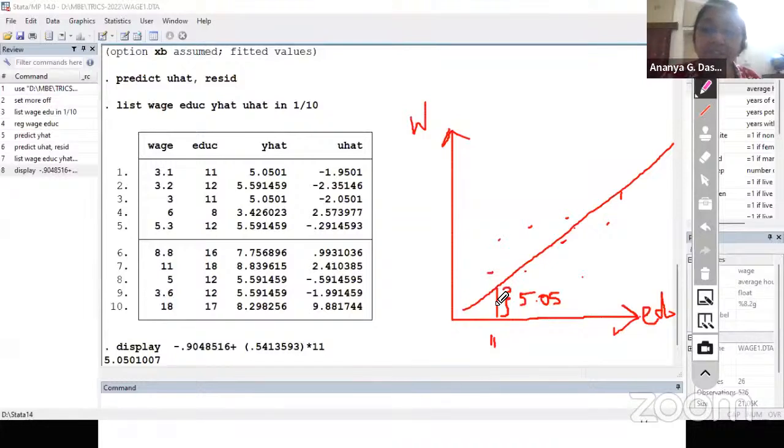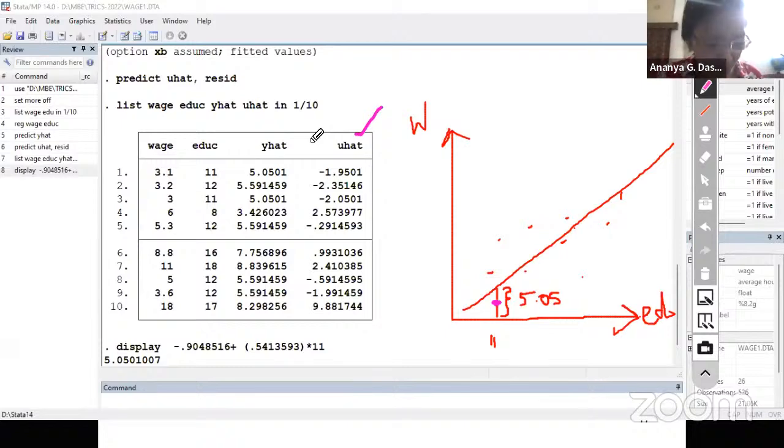The first observation is somewhere out here. This person is actually earning 3.1. So the residual is the difference between y and y hat. This is my model residual, the difference between 3.1 and 5. This person is earning less than what my model predicts, which is why I have a negative residual.